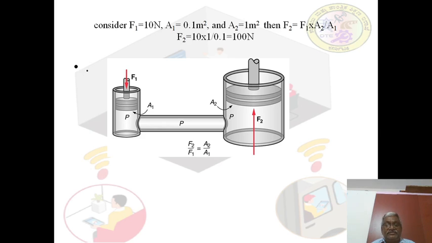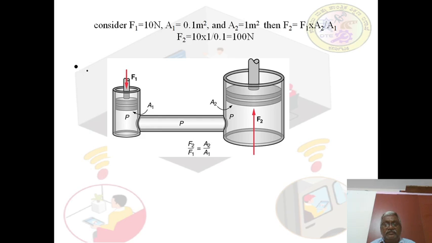Next, consider another cylinder of larger cross-sectional area A2, which is equal to 1 meter square. In those two cylinders there are two pistons fitted, and it is filled with some hydraulic fluid, hydraulic oil or mineral oil, whatever it is.